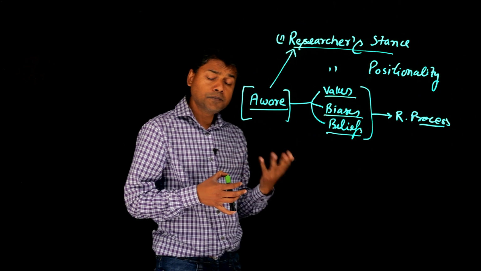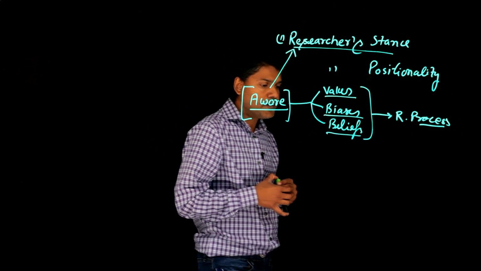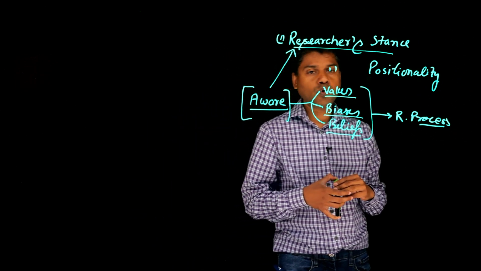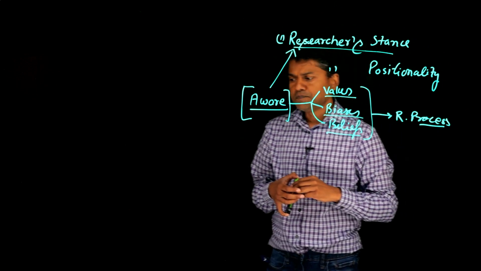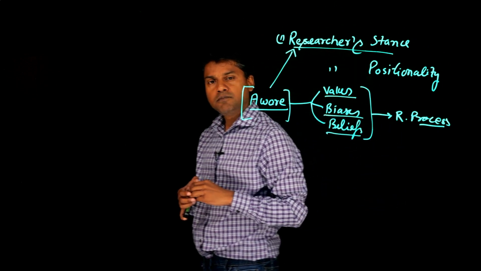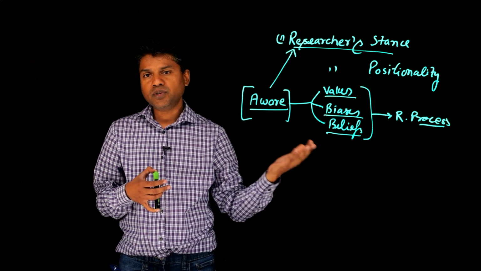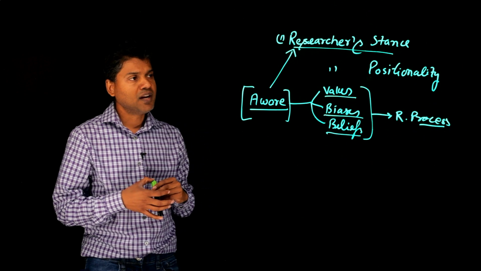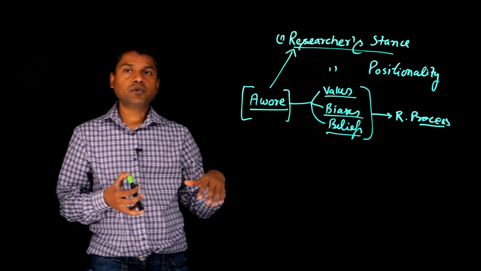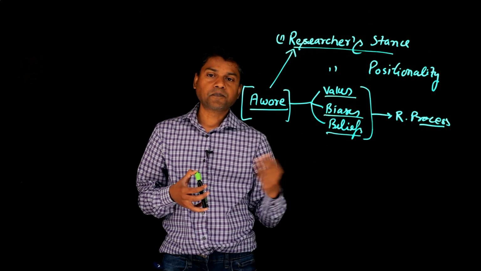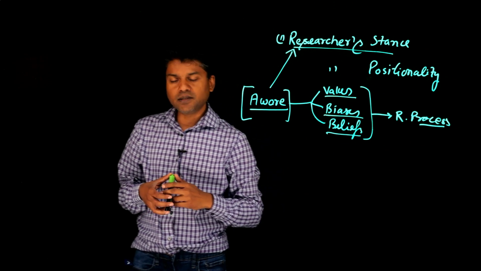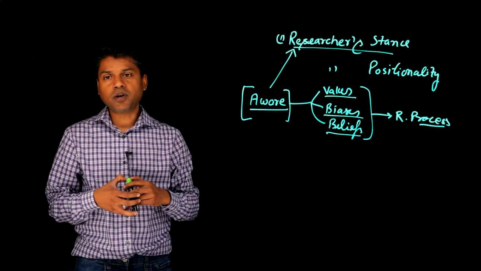Whenever you start your research, it's important that you reflect on these questions, such as what are my personal beliefs about the phenomenon that I'm going to investigate, what are my values related to the phenomenon that I'm investigating, and what might be some biases which might seep into this process.